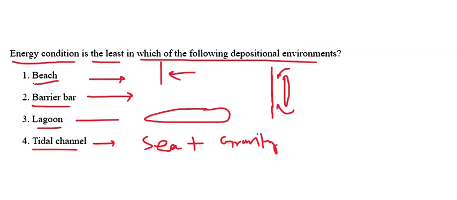So in beach energy conditions are high. Here also sea plays a role, so energy conditions are high. Tidal channel energy conditions are high, and in the lagoons, no role of sea is involved. These are formed due to coral reefs or other things.